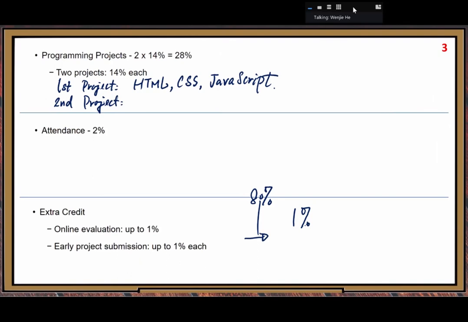If not, if the whole class percentage is smaller than 80%, let's say 73%, then I will give each student 0.73% extra credit, corresponding to that percentage.